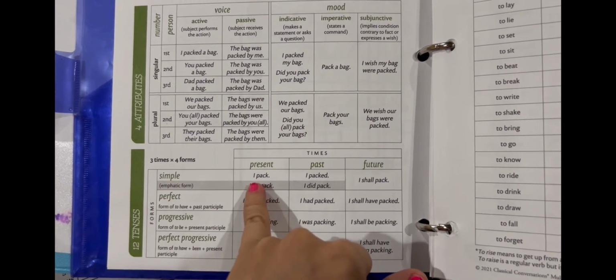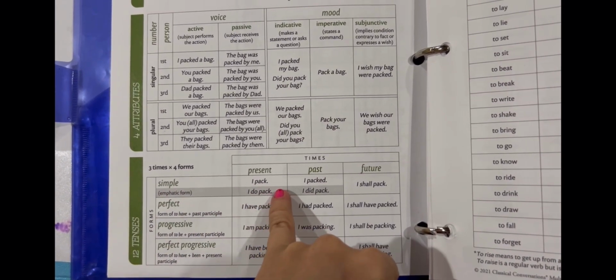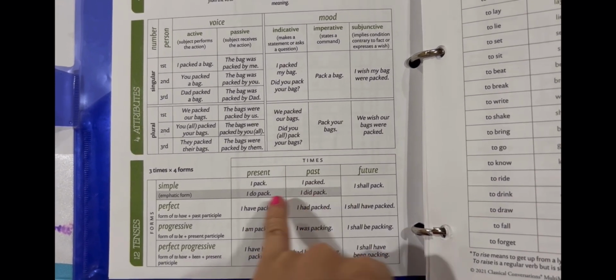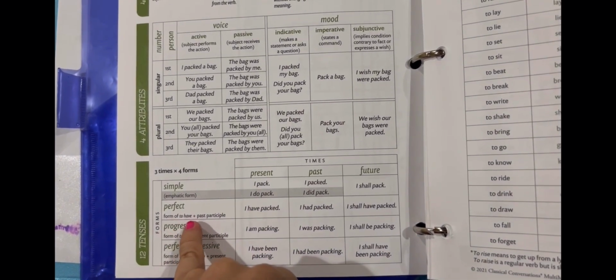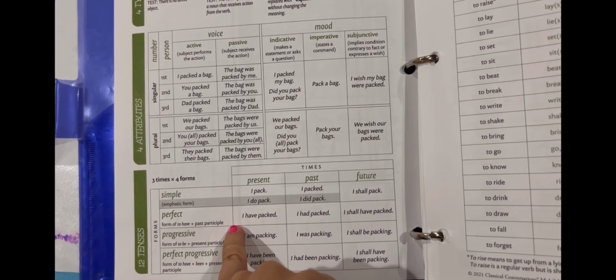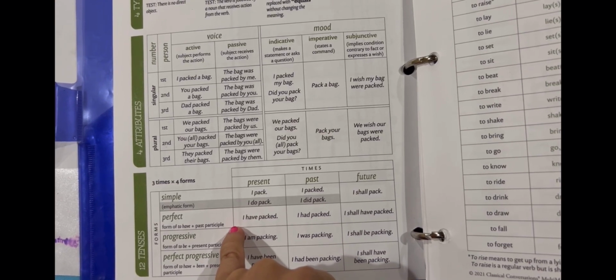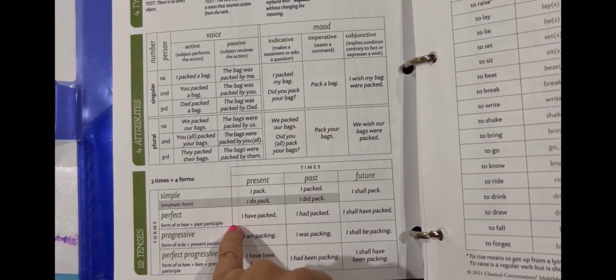A simple form has a verb by itself. An emphatic form has an auxiliary do added to present and past time. For the perfect form, you have to be perfect, plus a past participle, which is a verb plus ed used as an adjective or a verb.